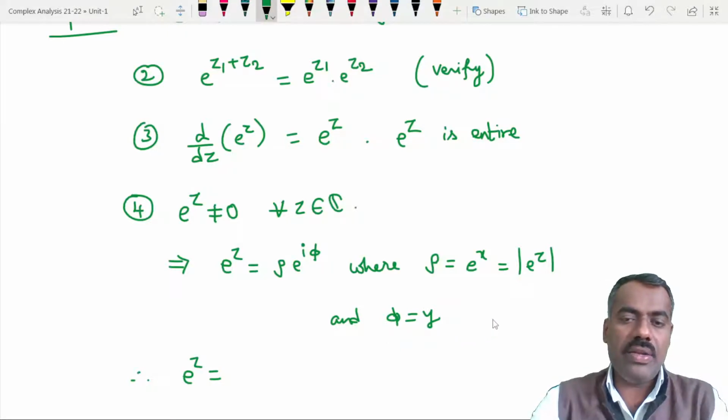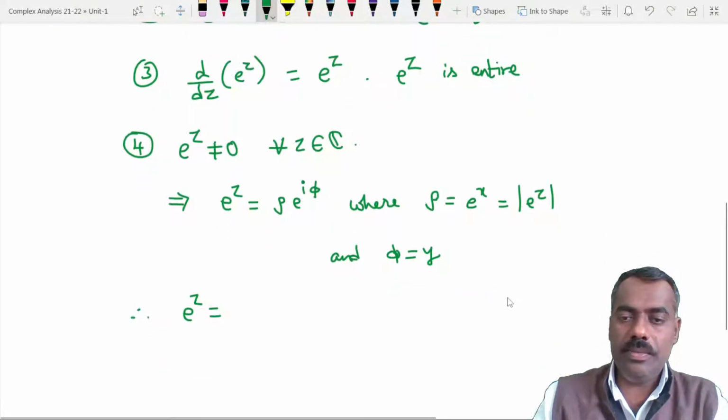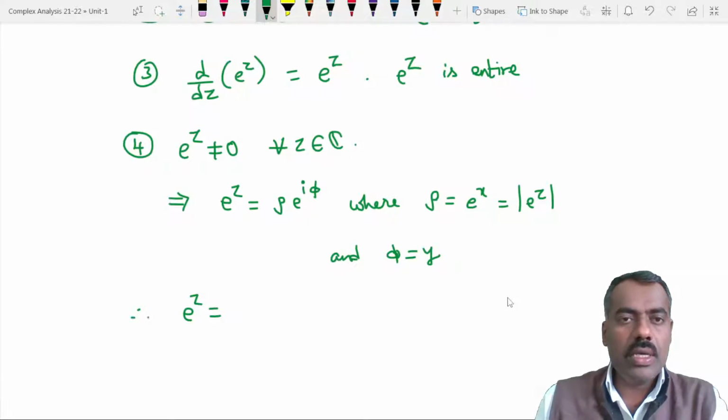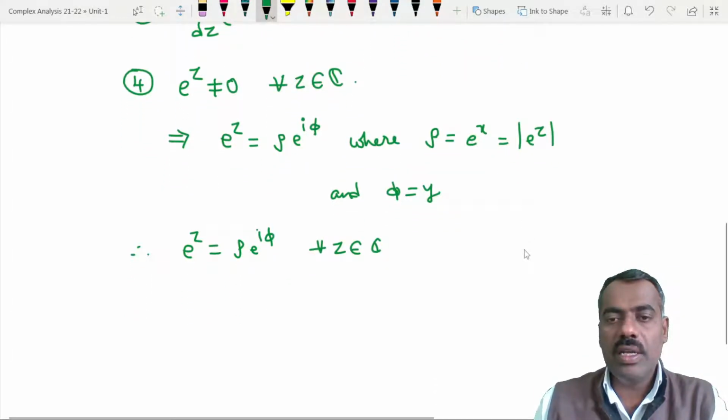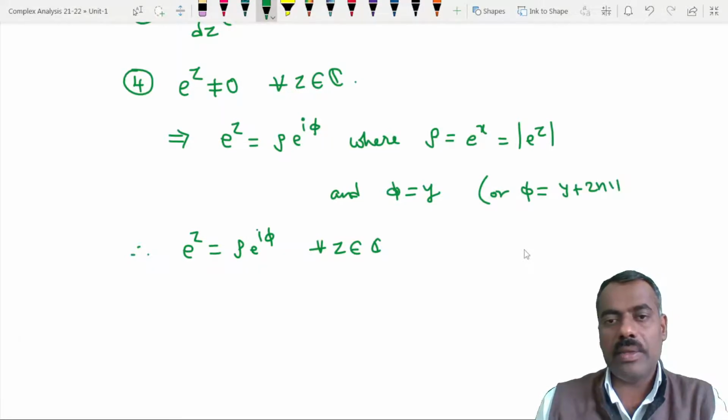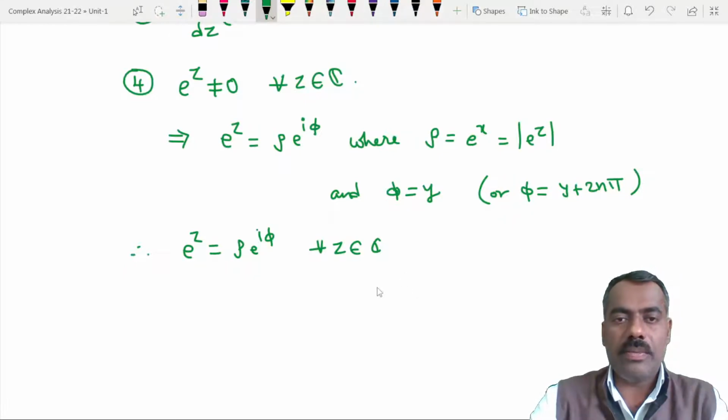Also you can write it as the argument. So it has the exponential form rho e power i phi for any z, where rho and phi are as described. Here y you can also write as phi, or y plus 2n pi.